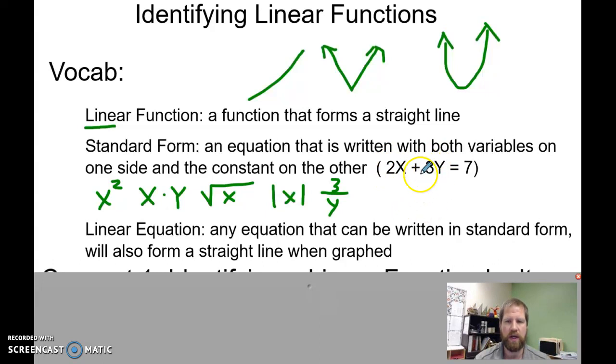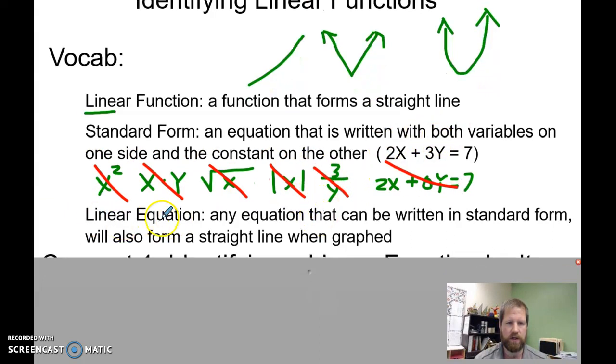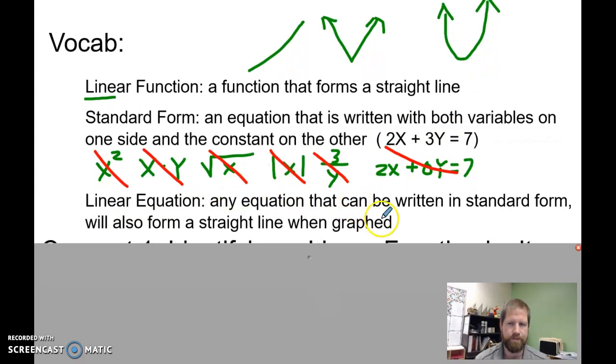Okay, and we'll look at why not in a second. But you cannot have like 2x plus 0y equals 7. Okay, you cannot have that. So if you have any of these situations, it's not a linear function or linear equation, either one.